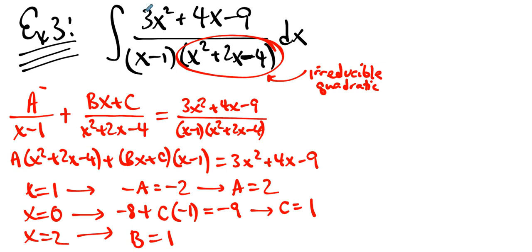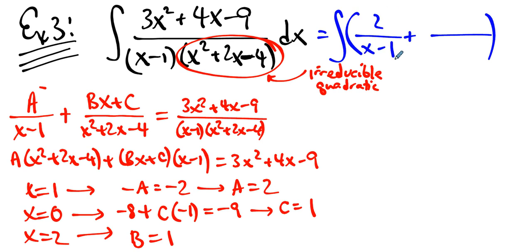And so that means that this integral is the same as this integral. The x minus 1, it's a over x minus 1. That's going to be easy. And it's going to be x plus 1 over x squared plus 2x minus 4.